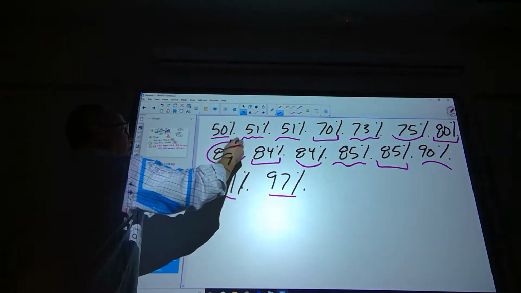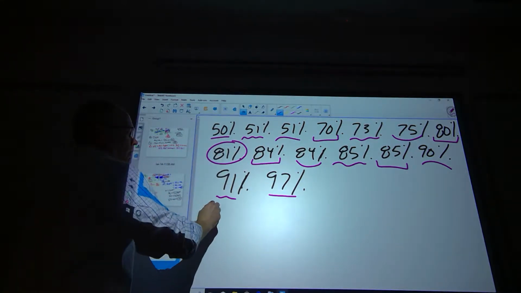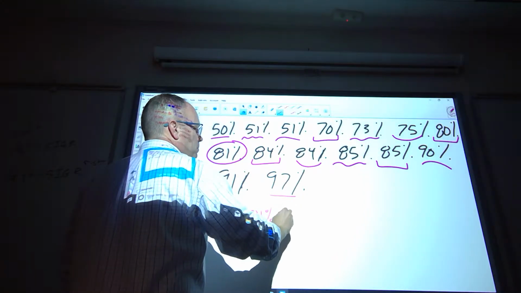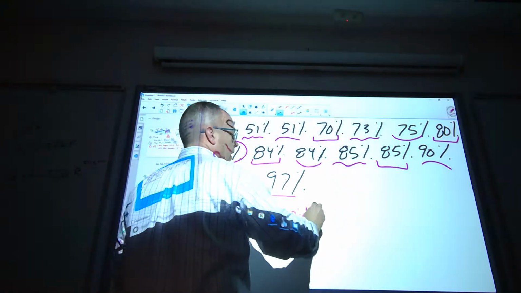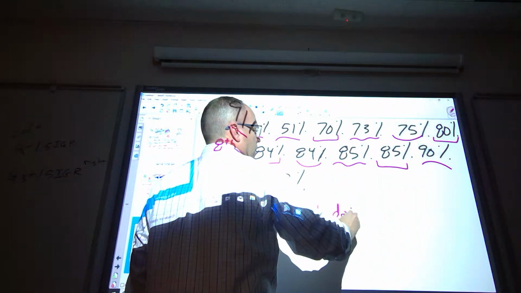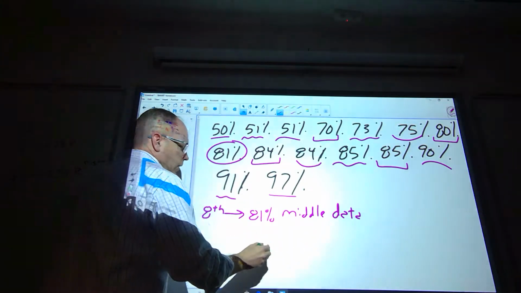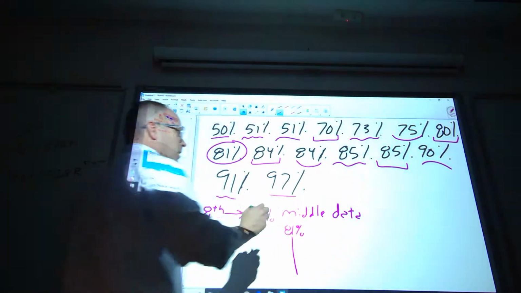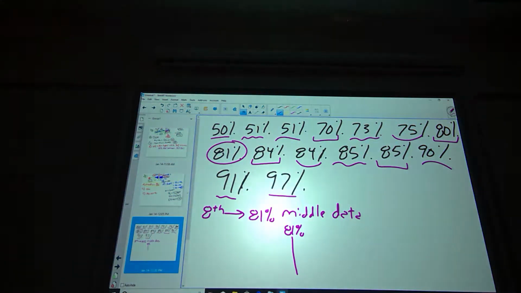So that's my 8th number. My 8th number is 81%. That's my middle of my data. Okay? So if I were to start making a box and whiskers, here's my 81%. It's the middle of my information. Does that make sense?